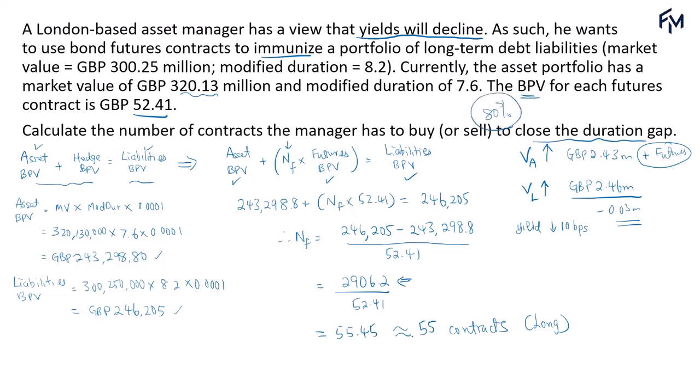In this case, you will take 2,906.2 times 80%, and then divide by 52.41. That will give us the amount that leads to an 80% hedge. Or we could just take 55 contracts times 80%, which comes out to about 44 contracts, if you want to maintain an 80% hedge ratio.